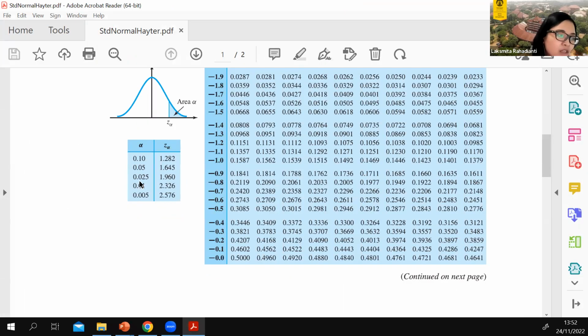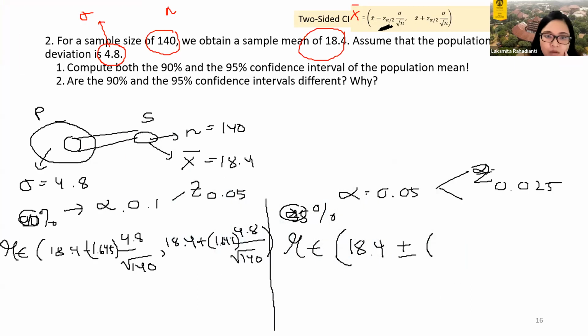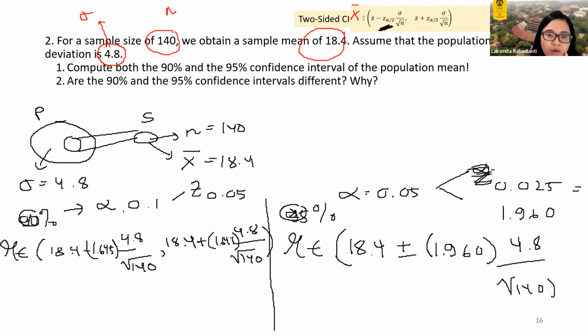With an alpha of 0.025, it is 1.960. So the value I need to use is 1.960, times 4.8 divided by the square root of 140. So this is the computation of a 90% and a 95% confidence interval.